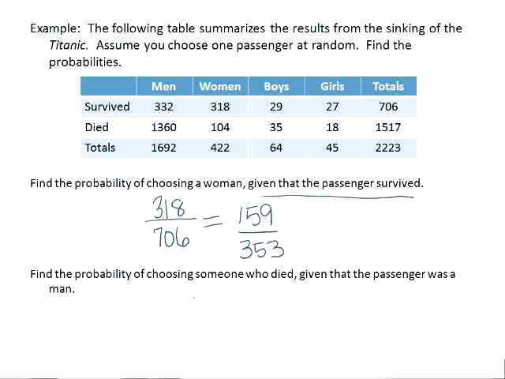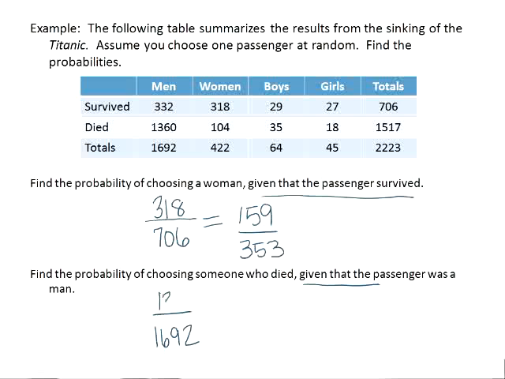On the second question, find the probability of choosing someone who died given that the passenger was a man. So given that the passenger was a man, that's the total that goes on the bottom. So how many men total were there? 1,692. Now of those men, how many died?